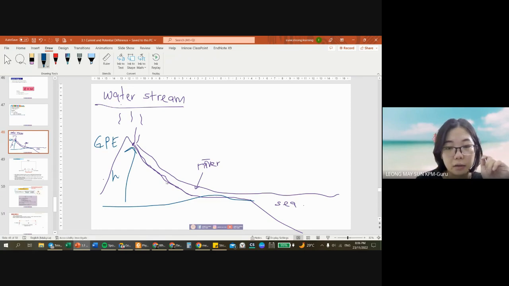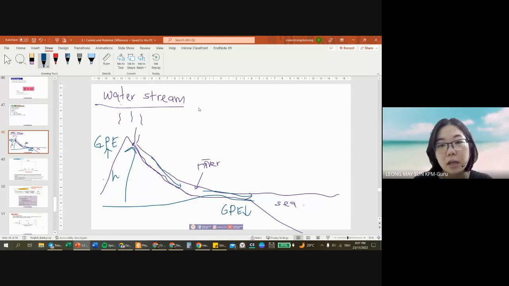And then towards the sea, the gravitational potential energy is lower. So it's gravity that allows the water to flow from the mountaintop or the hilltop down towards the river and then towards the sea.